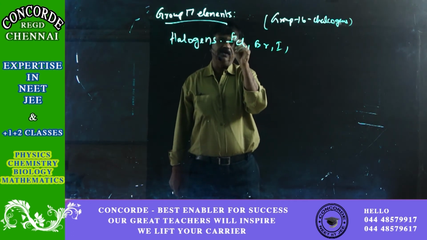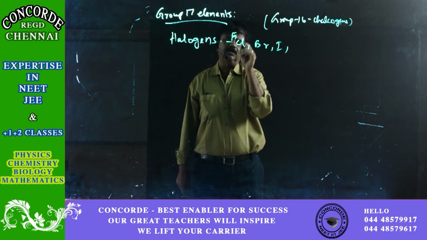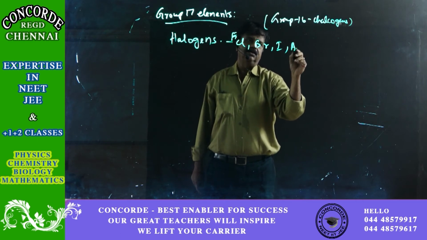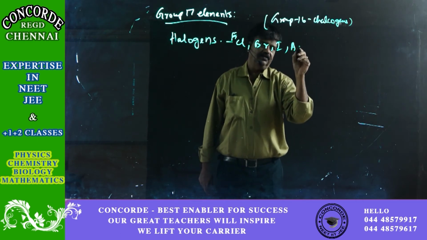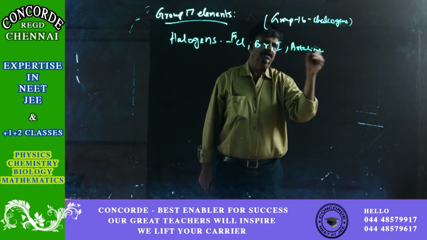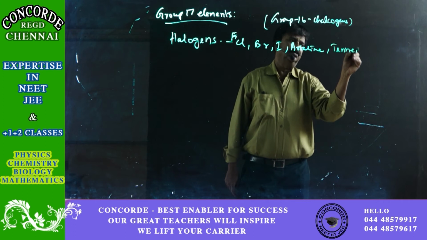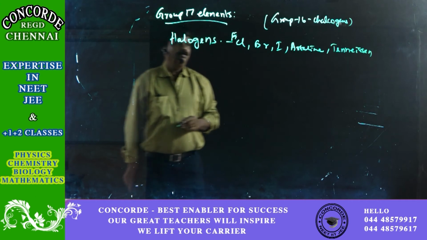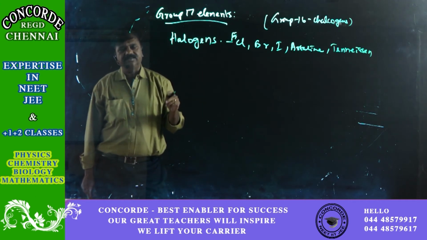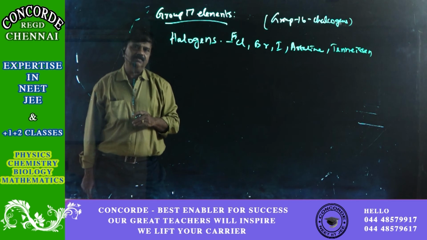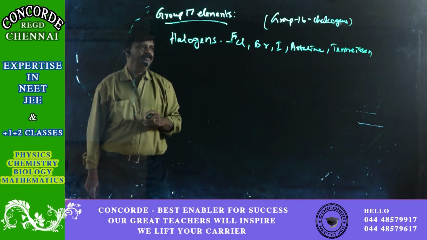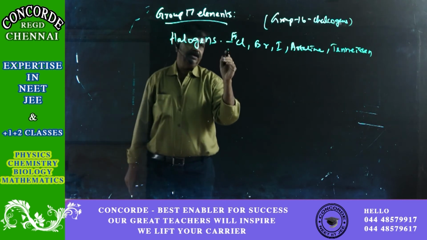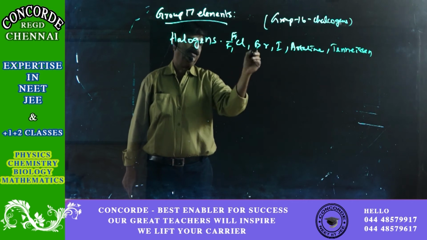Of course, it starts with fluorine: fluorine, chlorine, bromine, iodine, astatine, and tennessine. Of this, tennessine is a synthetic element which is highly radioactive and has a very small half-life, and it is very difficult to study that element. Fluorine, chlorine, bromine, iodine.